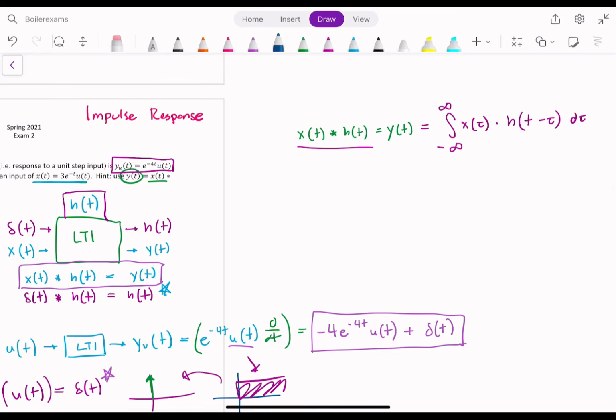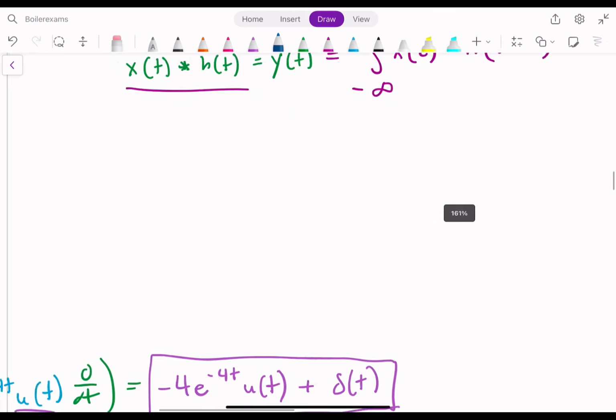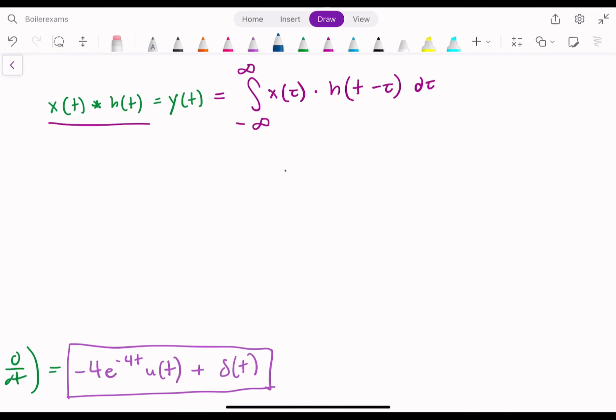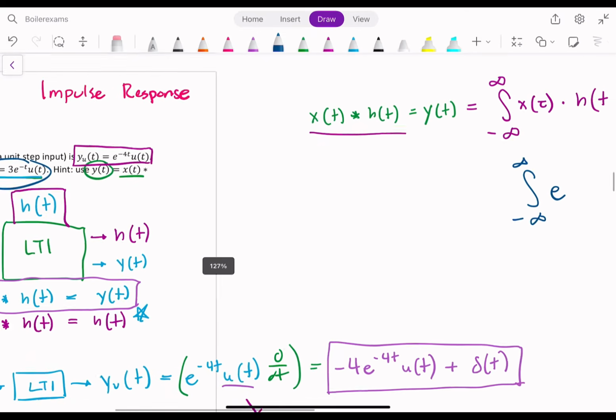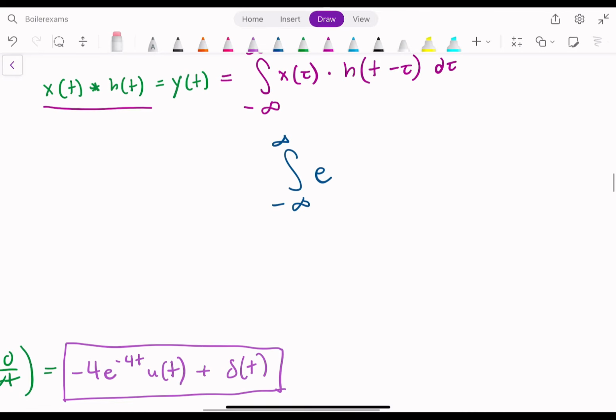So x of t is equal to 3e to the negative t u of t, and so that is going to become, we're just going to replace t values with tau. Oh, I messed up already. 3e negative tau u of tau.